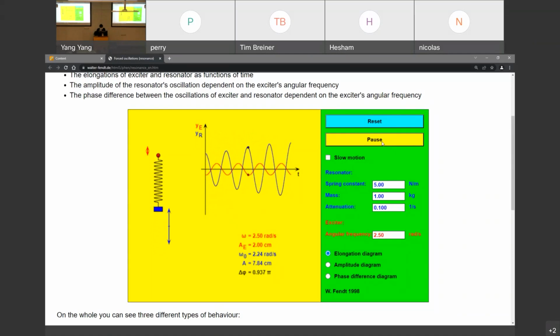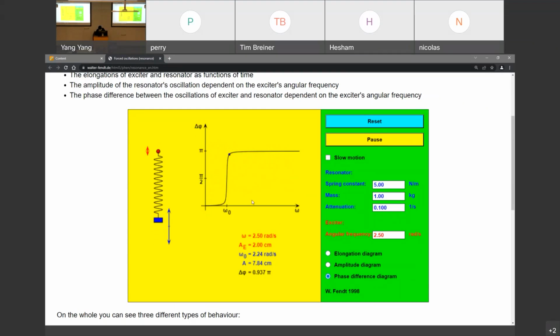Is this in phase or out of phase? This is out of phase, because if the blue is on the peak, the red is on the trough. That's the opposite. This is out of phase, or we can do the phase difference diagram.